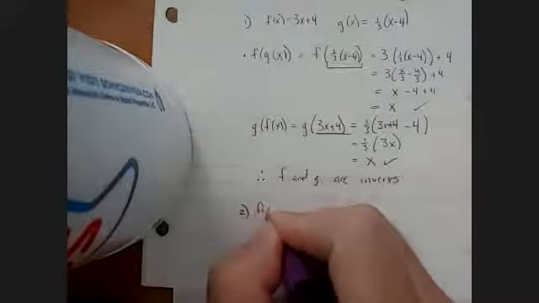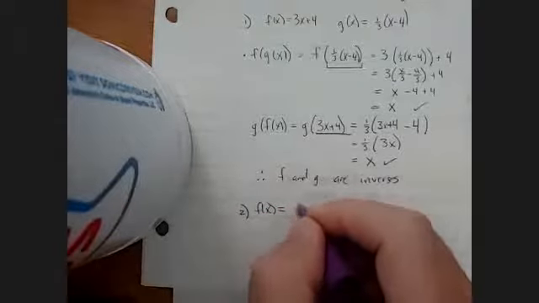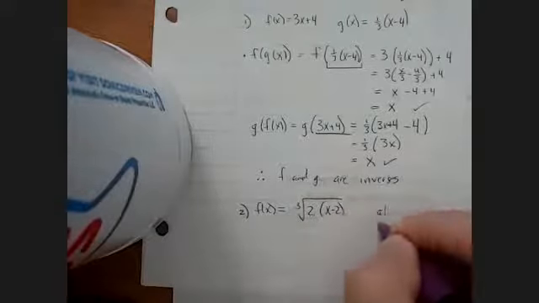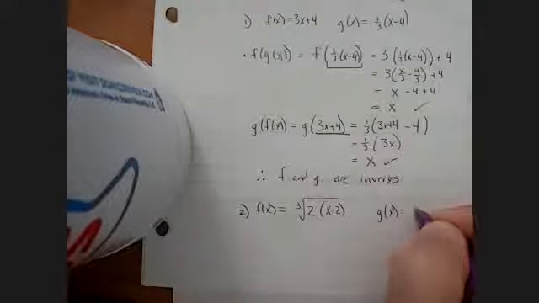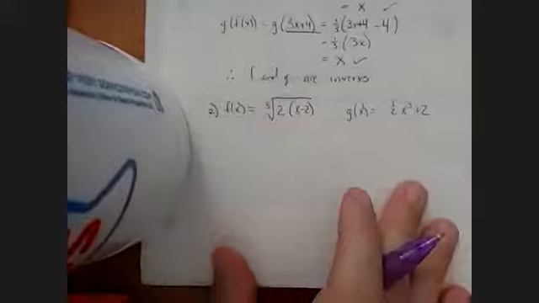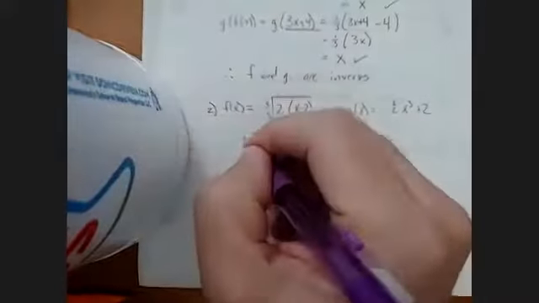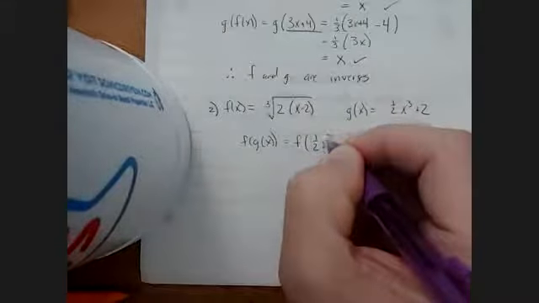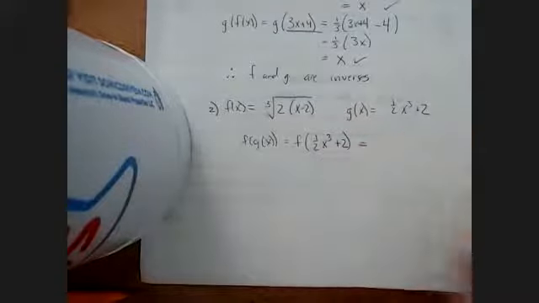Let f of x equal cube root of 2 times x minus 2, and g of x equal 1/2 x cubed plus 2. And I want to show that those are inverses of each other. So f of g of x means f of 1/2 x cubed plus 2, because I know what g is, so I plug g in.